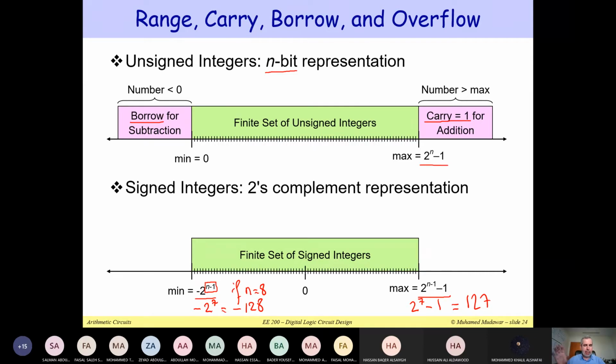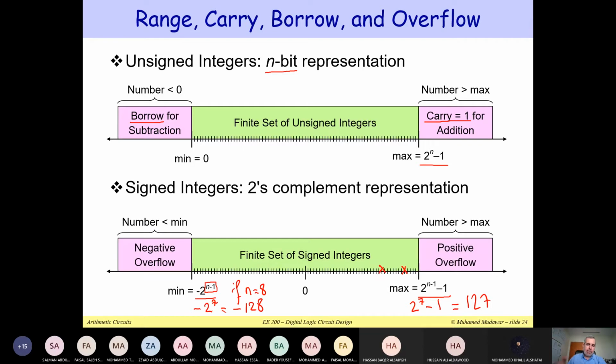Now, if you are adding two signed integers, suppose you have a number here and you would like to add it to a number here. You are adding these two positive integers, and the sum is greater than the maximum, so you get the sum outside here. Then we call it positive overflow. Or you are adding two negative integers, which are here and here.